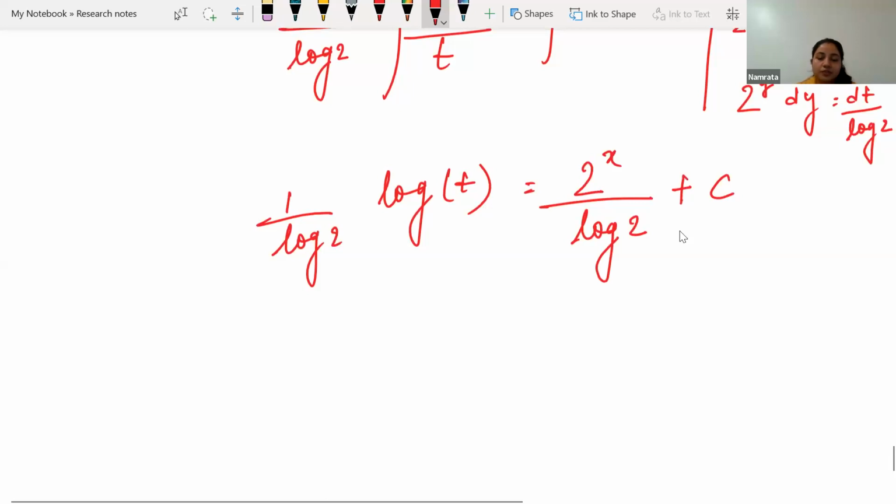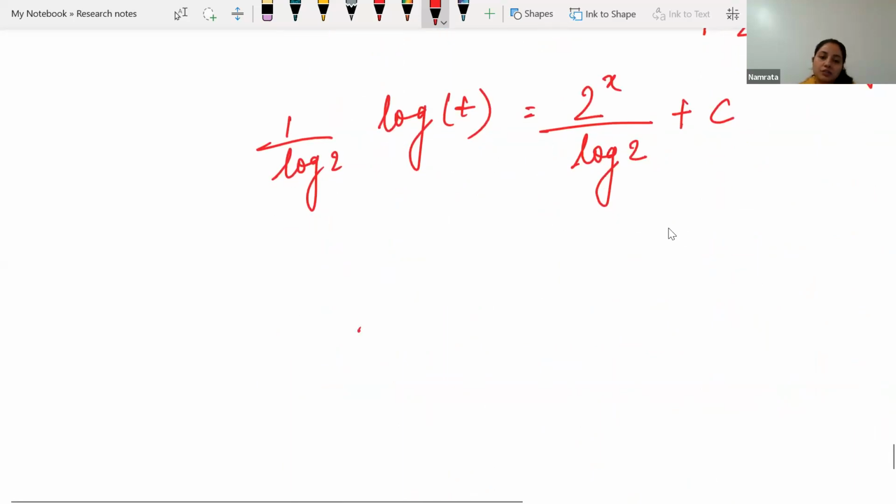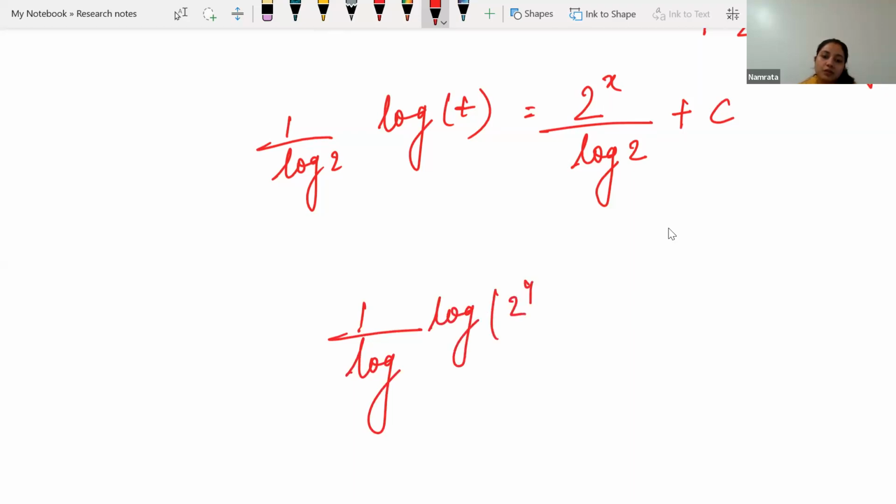Okay, so what are we going to have? t is what? t is 2 to the power y minus 1. So 1 by log 2 log of 2 to the power y minus 1 is equal to 2 to the power x by log 2 plus c.